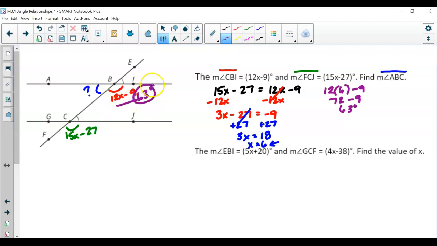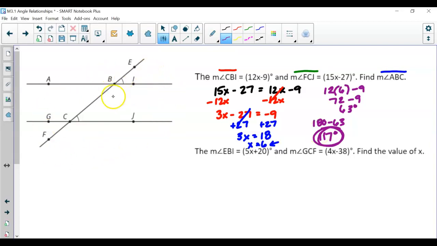Now, as I just realized, it's really not matching, so it probably should have been switched here, but that's okay. So now what do we have to do here? Subtract from 180. You should have subtracted from 180 because of the linear pair and get 117 degrees.